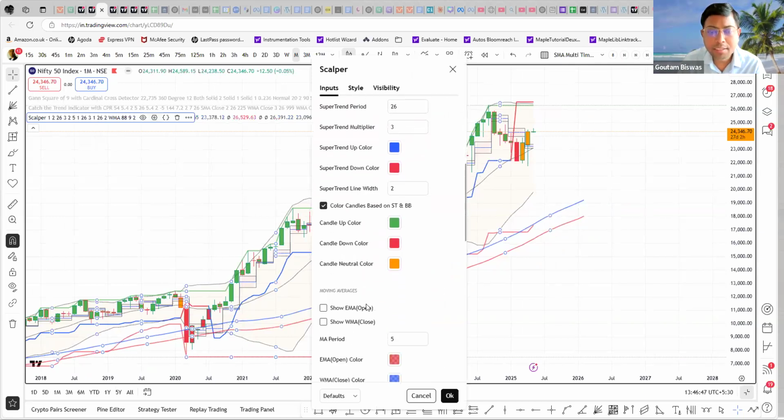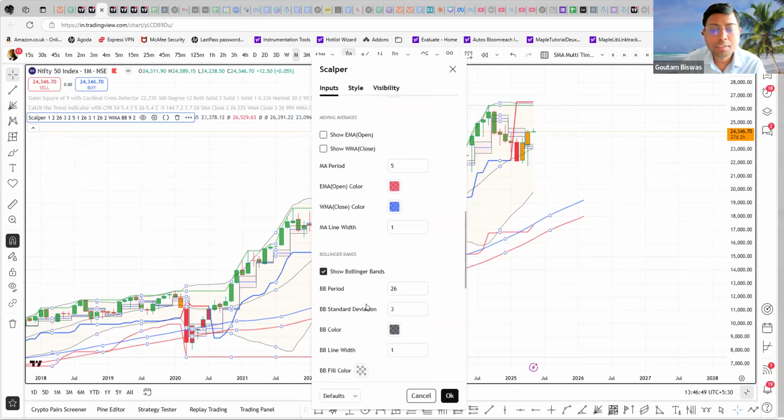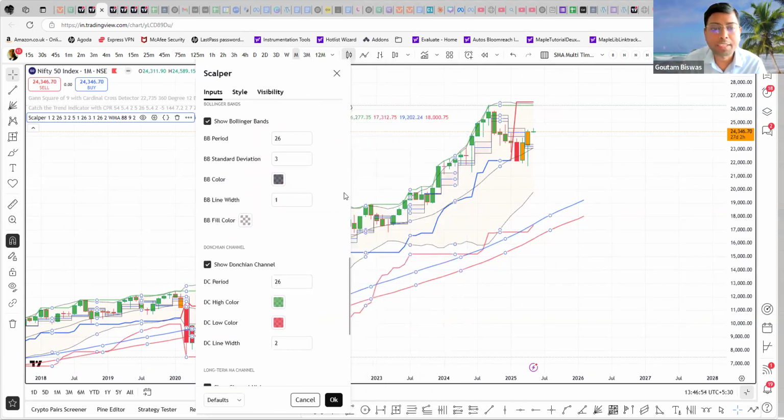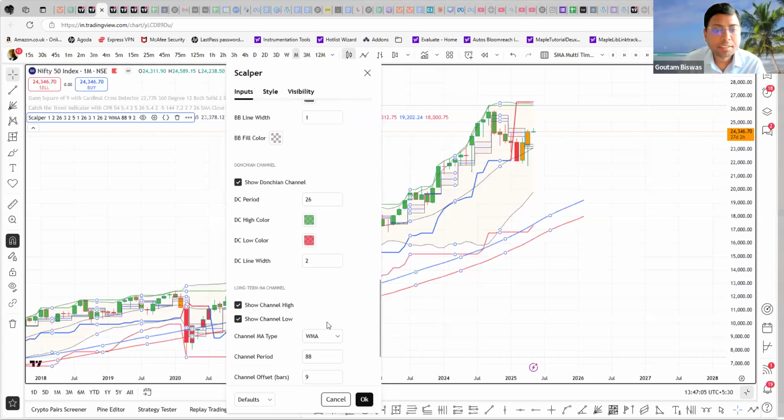And I have backtested and I've seen that it is working beautifully. And hence, on higher time frames, I switch to the default, right? So let's say on monthly and higher, it will override to 20 and 2. But on lower time frames, I use this. If you want to use something else, you can change it, right? But you have to backtest and you have to see if it is working consistently, right? So that is the key.